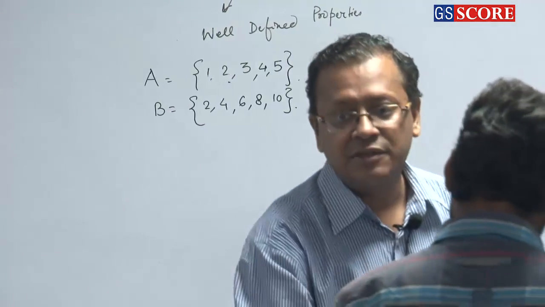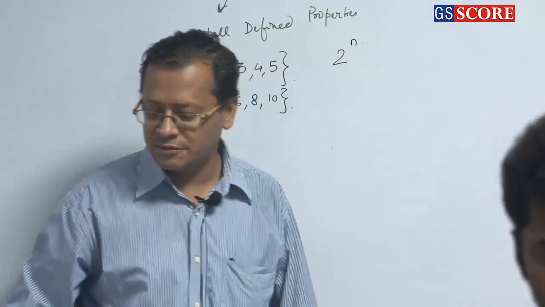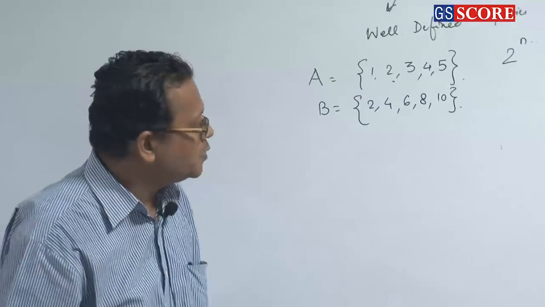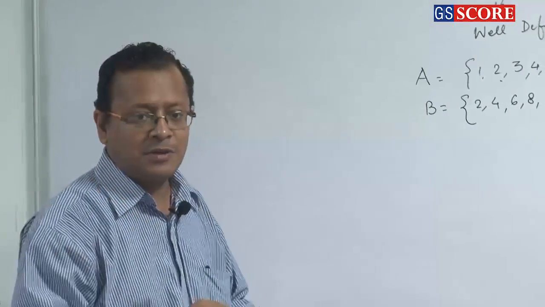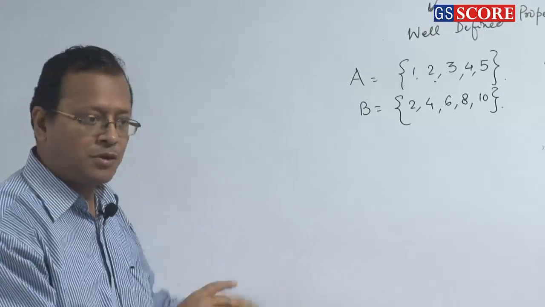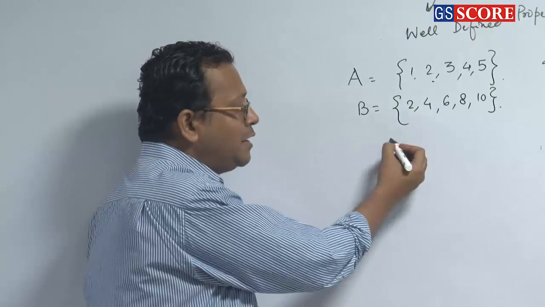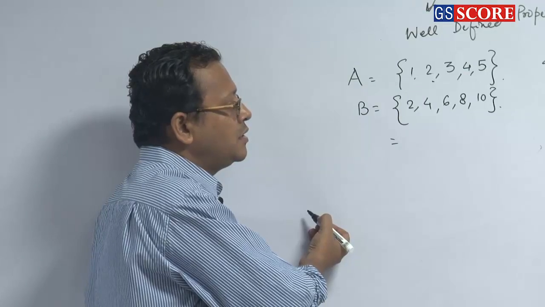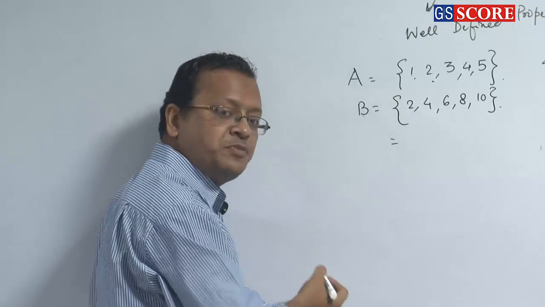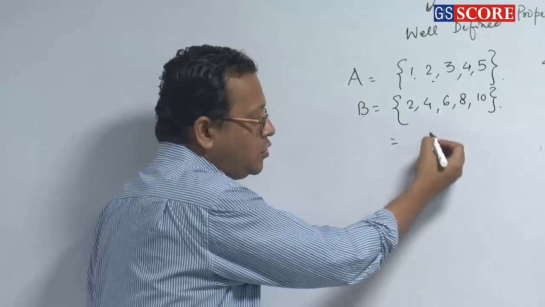Right? Okay. So now tell me, I am asking questions one by one and the concept will become clear from here only. How many elements are there which are both in A as well as B? 2, 4.